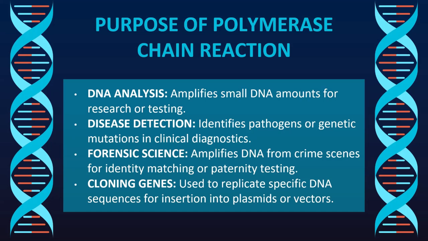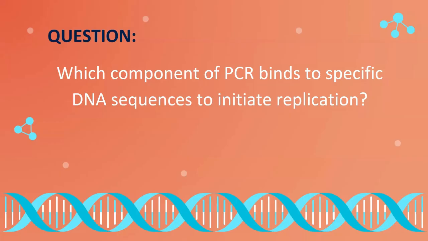So we have here again a few questions regarding our PCR. So the first question is, which component of PCR binds to specific DNA sequences to initiate replication? Ano pa ba yung nilalagay natin dun sa part ng ating annealing?